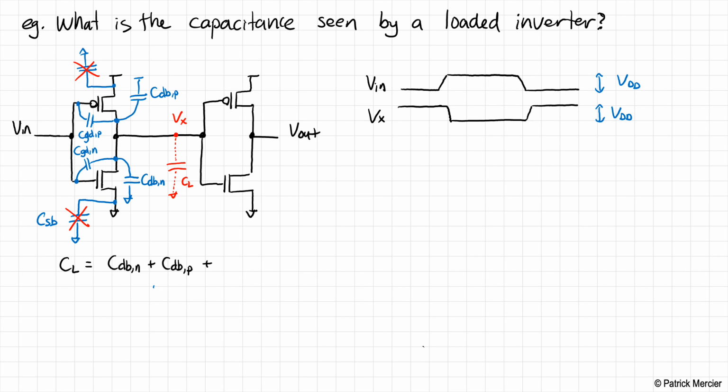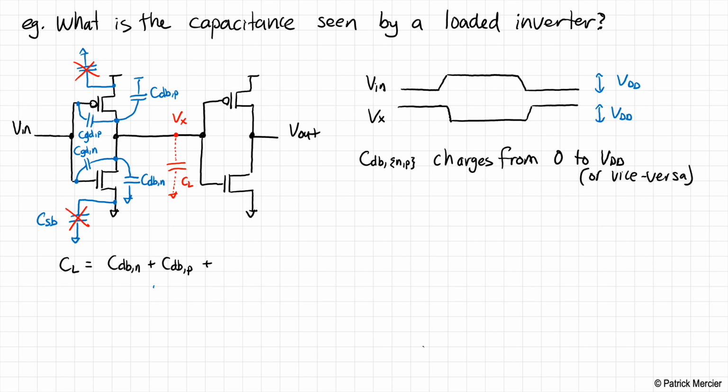Now, if you'll recall, what ends up happening here is CDB, either N or P, this happens to both, charges from 0 to VDD, or vice versa.